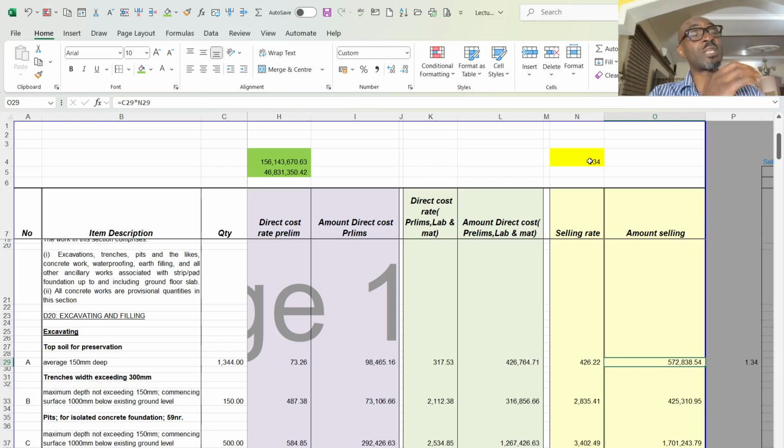And there are some things that the contract entails that you must do. Say you are expected to bring a bond from a bank to get an advance payment. You are expected to insure your staff and the work itself.